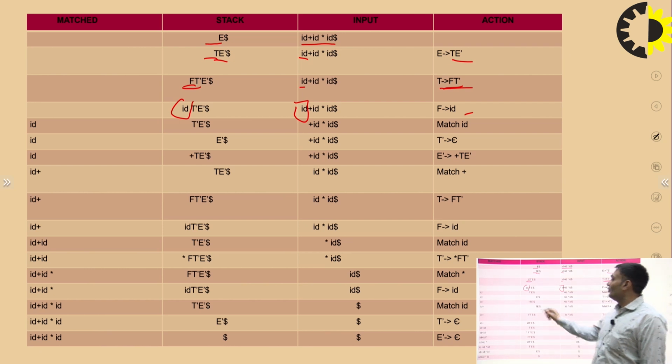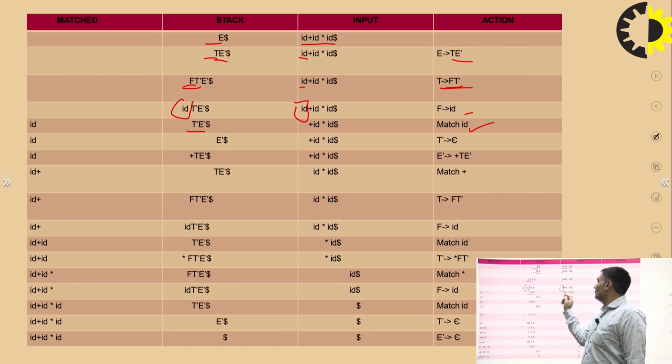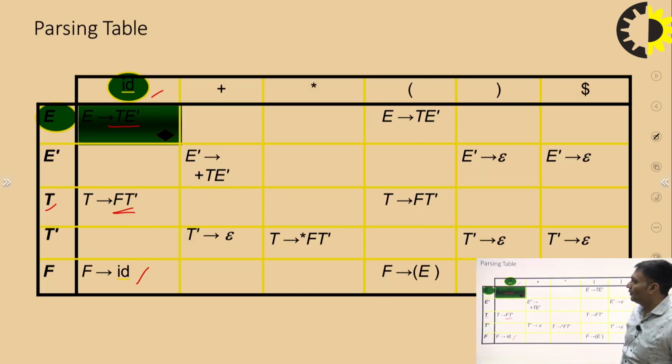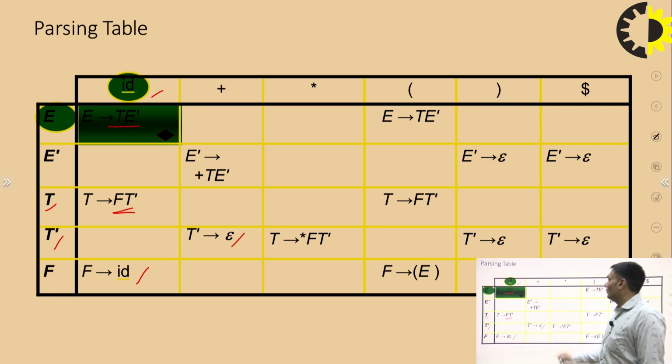Now the remaining portion will be here. We can write here: match id. Now T dash on plus: we refer to the table, there is an epsilon.